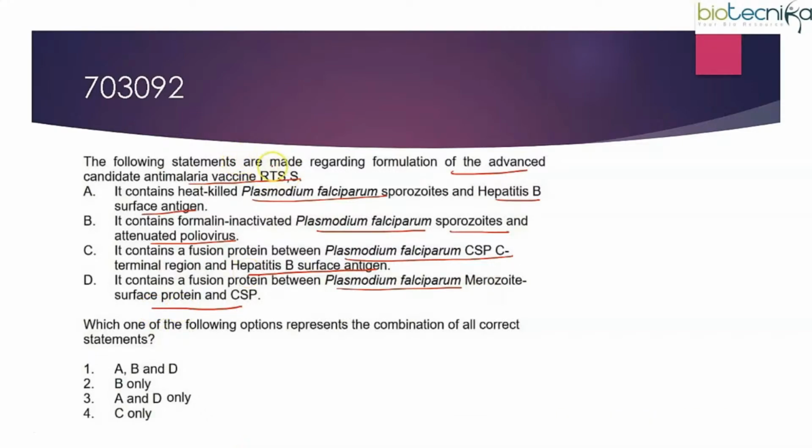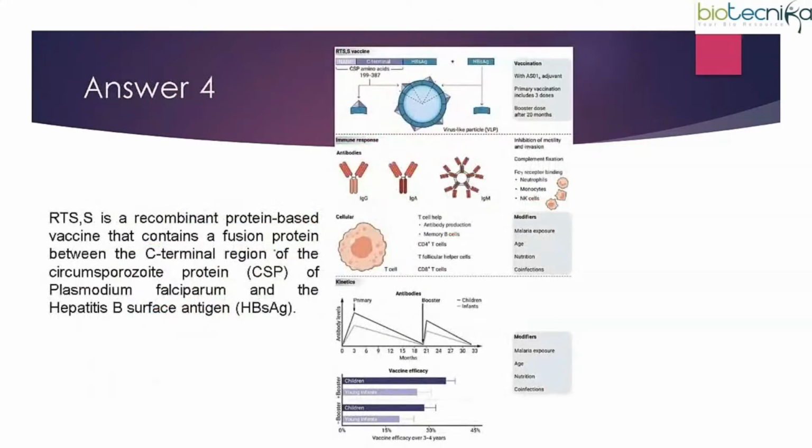So here in specific you should know about this antimalarial vaccine, how it is formulated, RTS. For this question let me tell you the combination of all correct statements. The right answer over here is option 4. So this antimalarial vaccine RTS is formulated as a fusion protein between Plasmodium falciparum CSP C-terminal region and hepatitis B surface antigen.